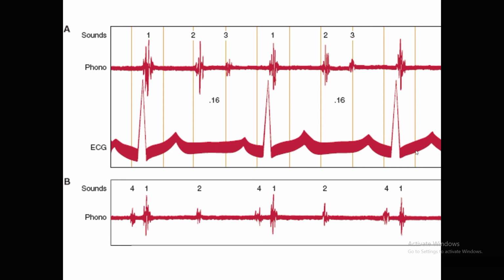Another finding is a prominent S4. The fourth heart sound is very often recorded. This is due to the atrial contraction against the increased end-diastolic volume and pressure of the left ventricle.